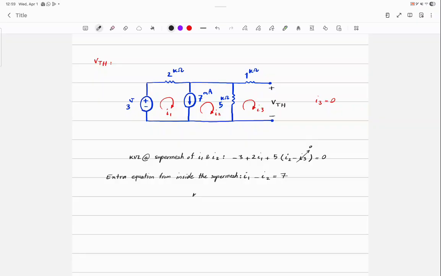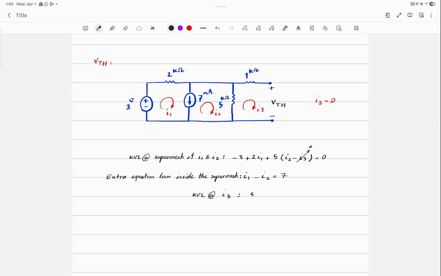And finally, KVL at I3. Usually you don't write KVL at I3 because it's 0, you know it. But what would it help with? Finding VTH. So let's write the KVL.